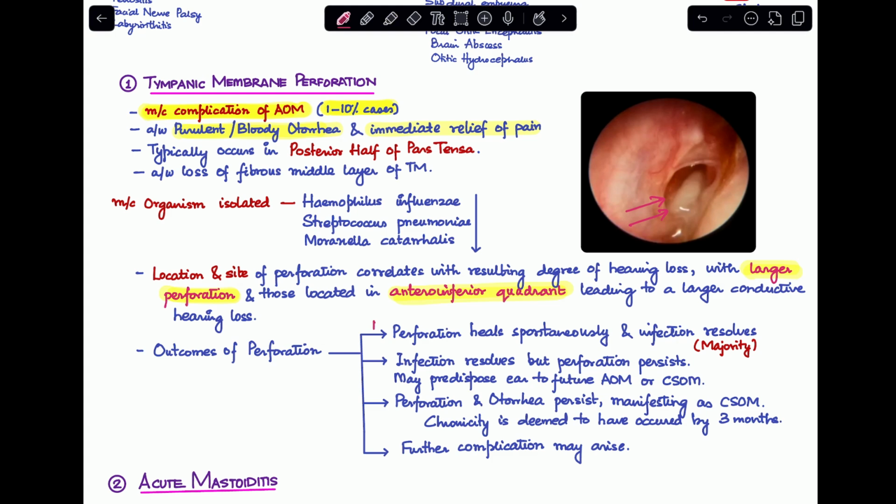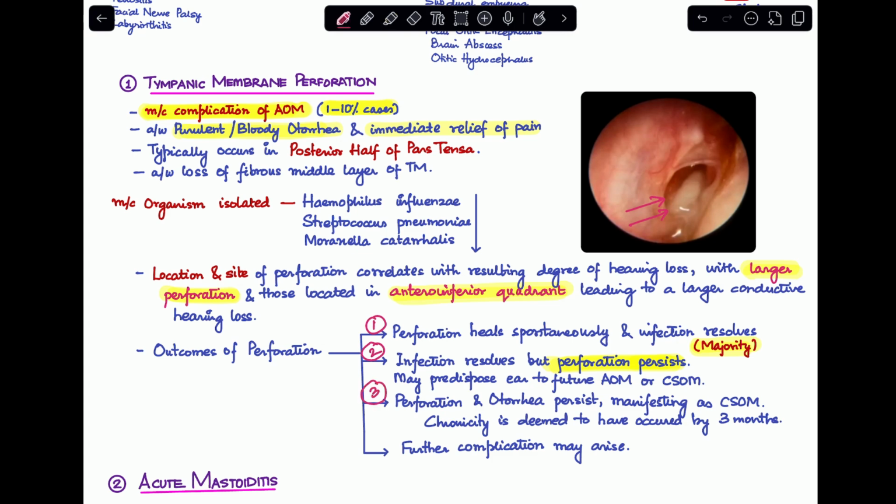The first outcome is that the perforation can heal spontaneously and the infection resolves by itself. This happens in the majority of cases. Second, the infection resolves by itself, but the perforation continues to persist. This may predispose the ear to a future acute otitis media or even a chronic suppurative otitis media.